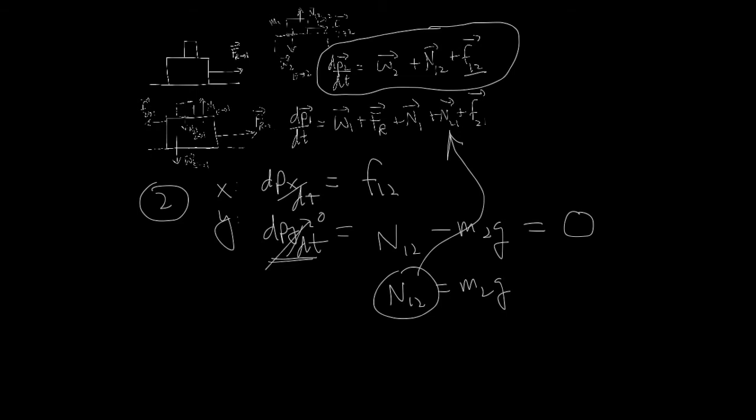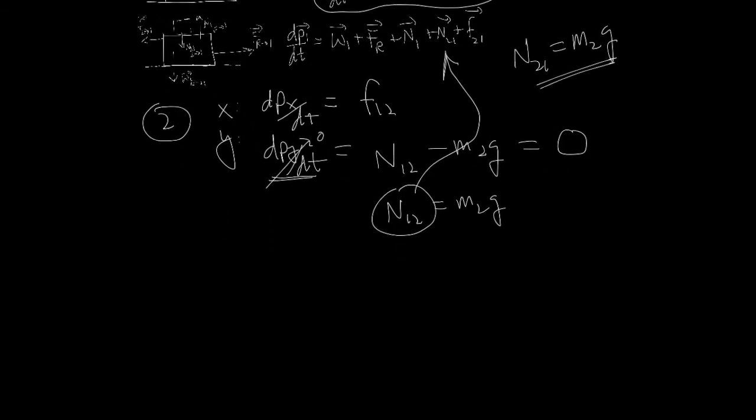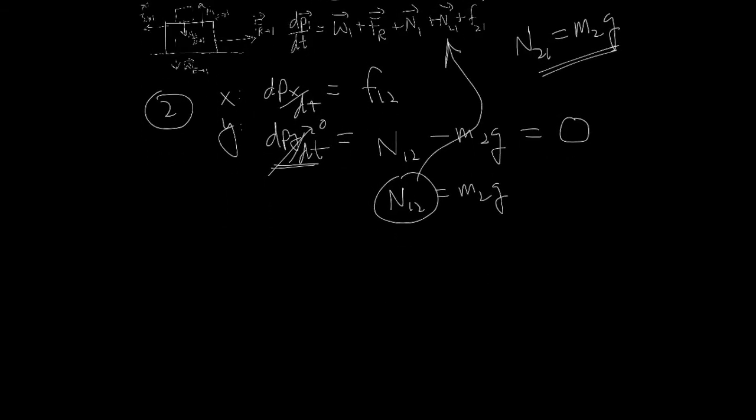So n21 must also be equal to m2g in magnitude, right? So in magnitude those guys are the same. Nice. Okay, let's scoot these guys up and work on the other object, mass 1.